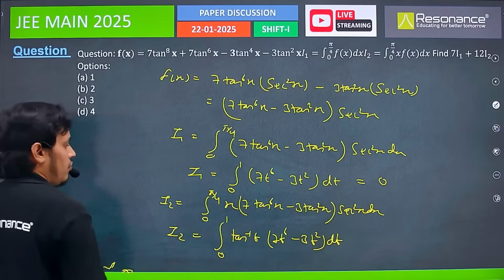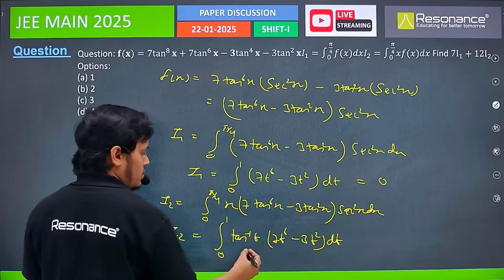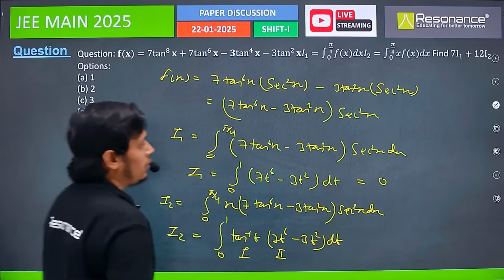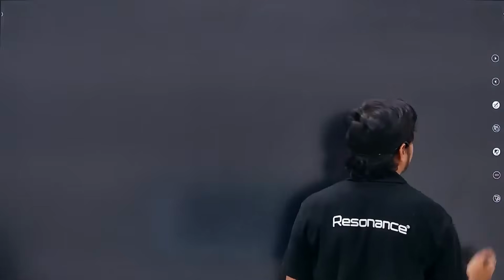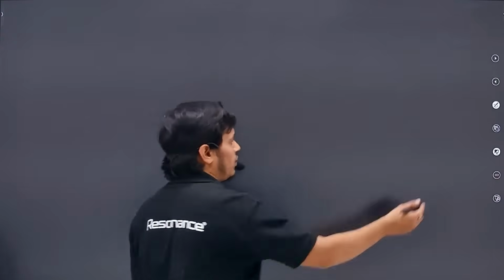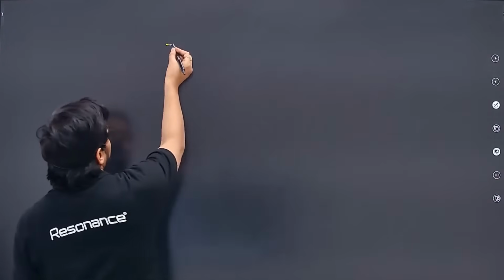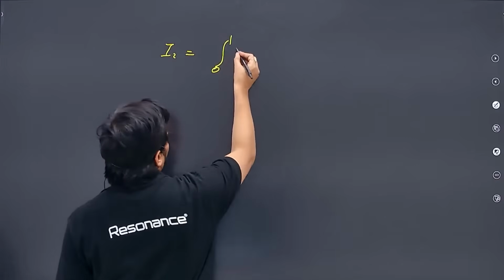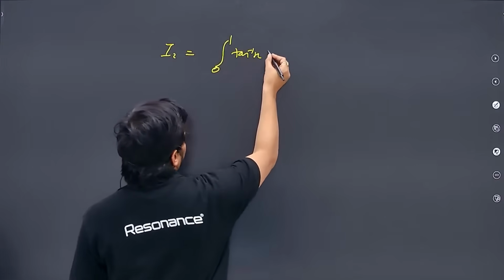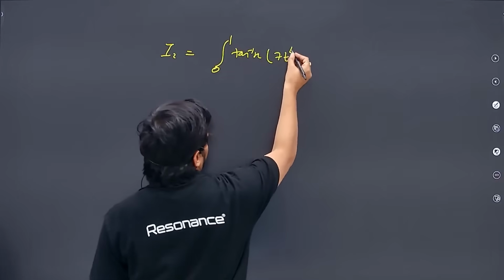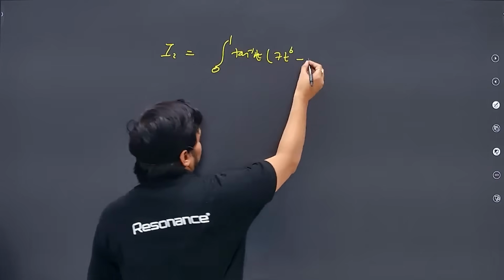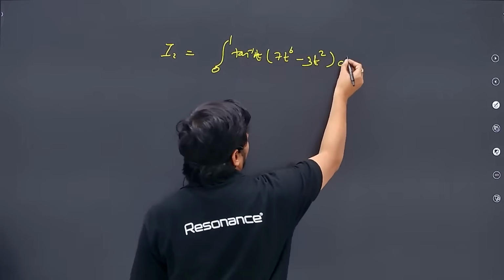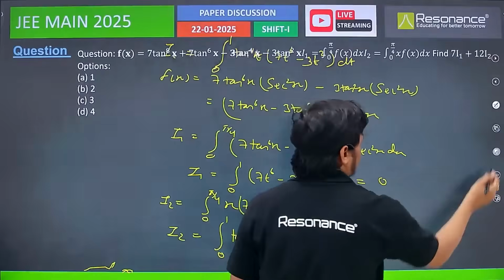Okay, in the same way, now what do we do? We use integration by parts. This one is first and this one is second. Okay, now we need some space. So by the way, what was the previous I2? It was the integral from 0 to 1 of tan⁻¹t into (7t⁶ - 3t²) dt. One minute, let me check.